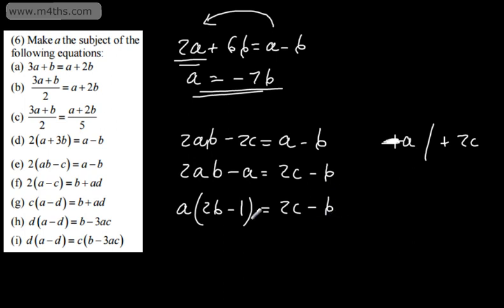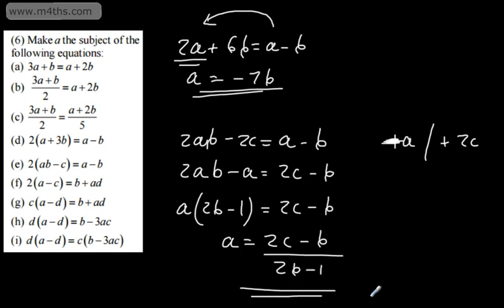So all I've done is expanded out, collected terms with a on the left-hand side, collected terms without a on the right-hand side. We've got a multiplied by this quantity after factoring. So if we want to make a the subject, we divide by that quantity. And that is a much more challenging rearranging problem. So all I've done here is factored out the a. A is common to both expressions. We can take that out.